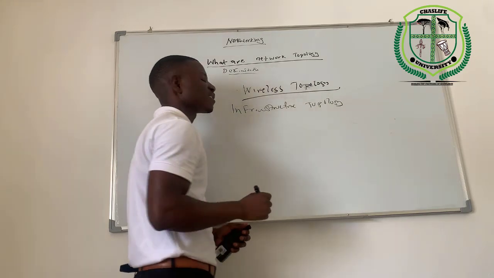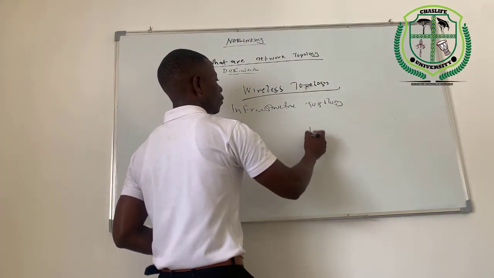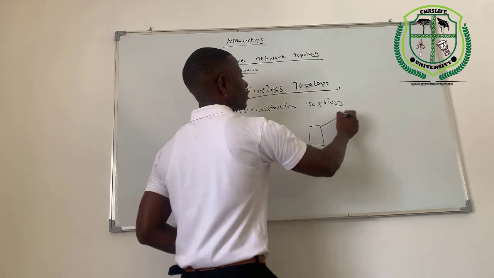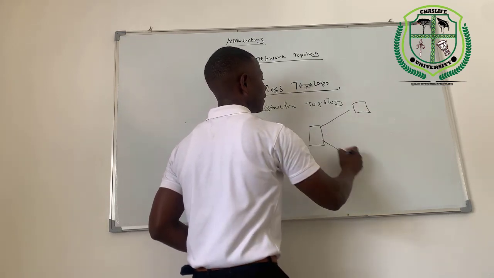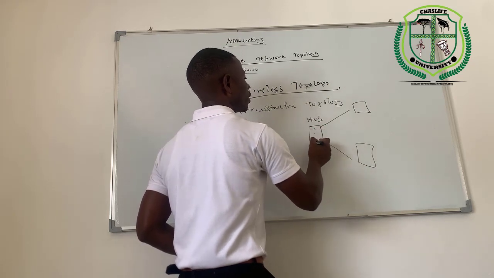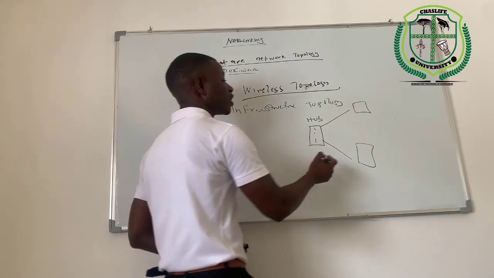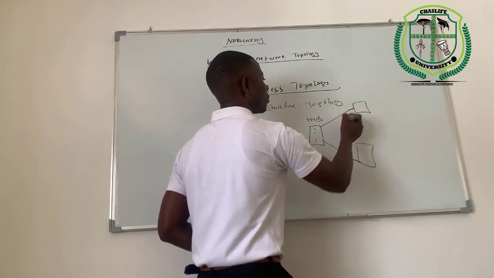Under infrastructure topology, we have the machine here, the computer, which is connected to a hub. Now these computers which are connected to a hub, it's more like we're dealing with a star topology.